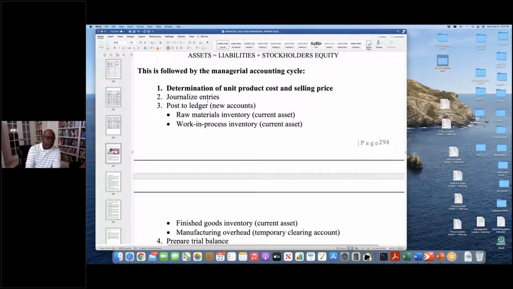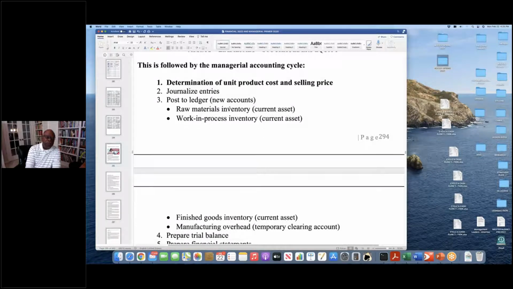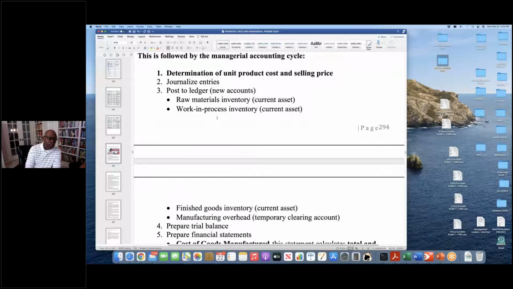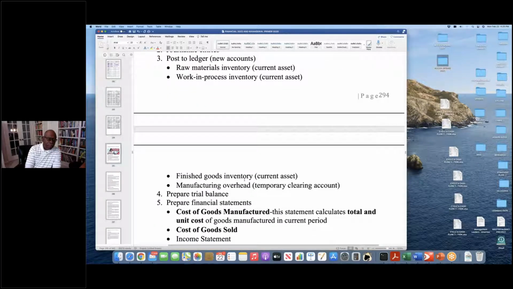Once we do that, we journalize entries and post them to the ledger. We have some new accounts: raw materials, work in process, finished goods inventory, and manufacturing overhead.